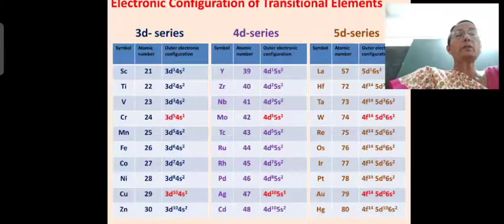It is very close to completely filled 3d10. That's why it will acquire 3d10 configuration and 4s1. That's why it is more stable configuration. So it will be having 3d10 4s1. And zinc anyhow 3d10 4s2, so that all the valence shell orbitals are completely filled over here.